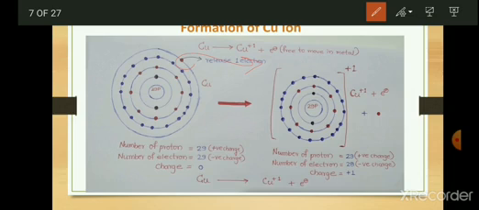When this electron is removed, then that copper will become a copper ion. Copper will become a copper ion, and this electron will be released and is free to move in that metal. These free electrons carry negative charge, and this copper ion carries the positive charge.